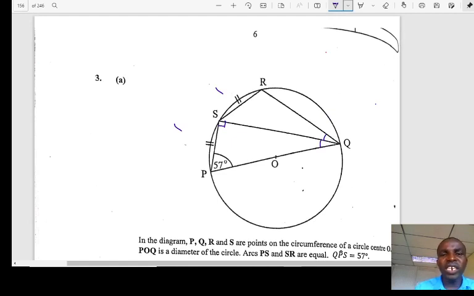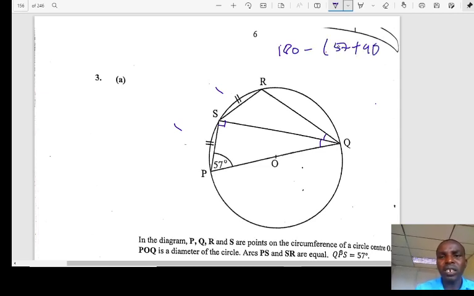Then from this you can find angle PQS and even SQR. So how can you find it? You can use angles in a triangle, PSQ. So you can say 180 minus 57 plus 90. That one is how you find PQS. Simplifying this, 57 plus 90, what do you get? 147.